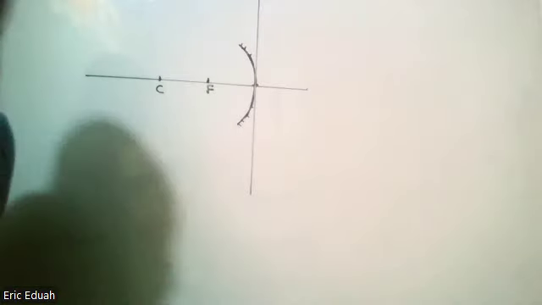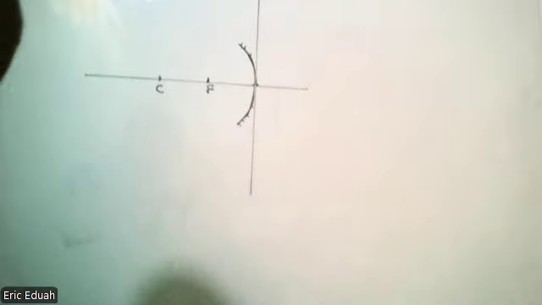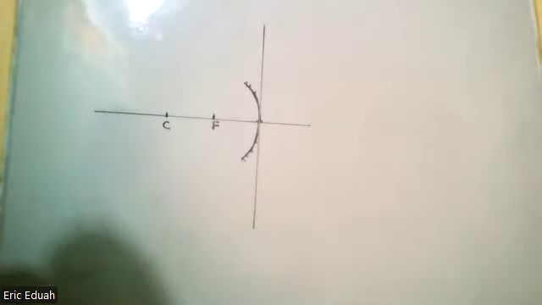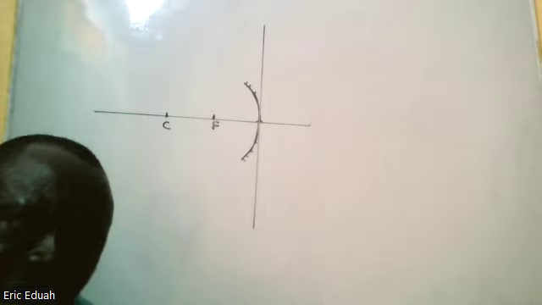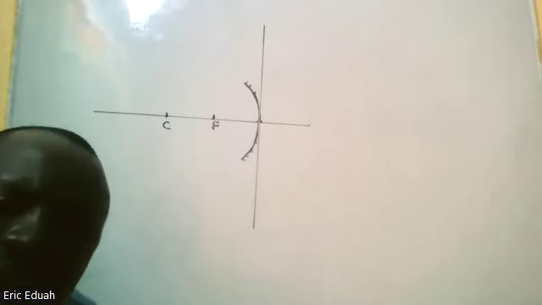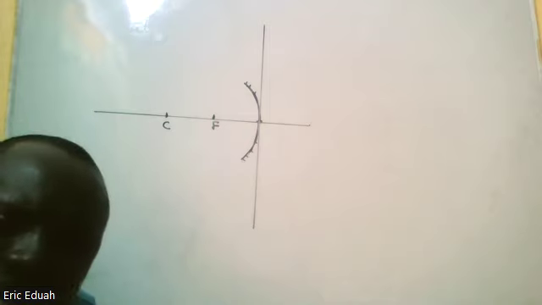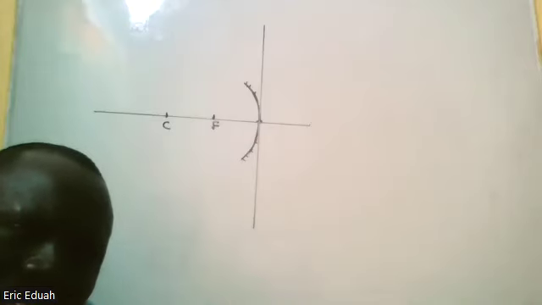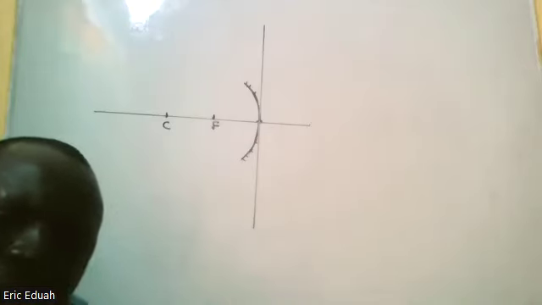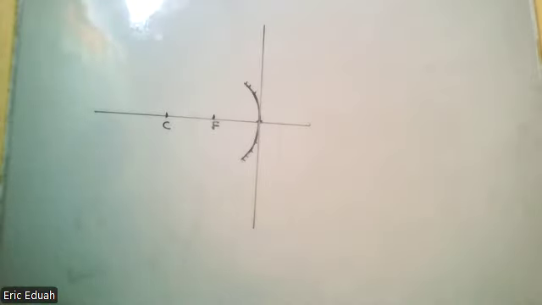But in ray diagrams, whenever you are drawing incident rays coming parallel to one another, then it means the rays are coming from infinity. Whenever you have two reflected rays that are going parallel to each other, then it means the image is formed at infinity. So these are the rules of the game.